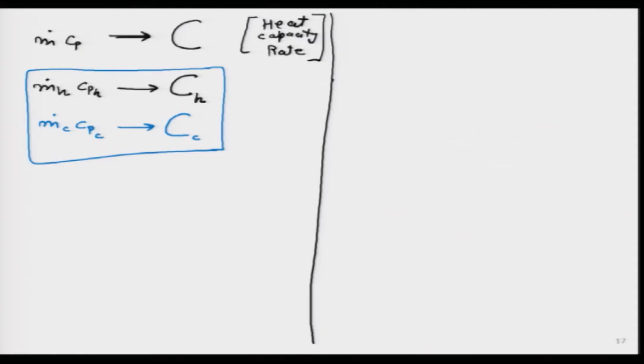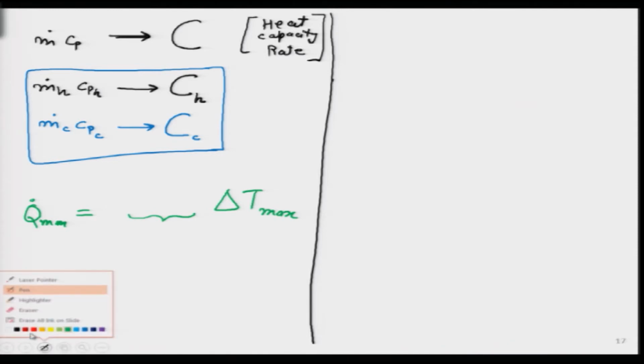Having defined these two particular variables, now can I write that q dot max is a function of delta T max, and what should I write over here? One option is, let me write all the options which I can use.